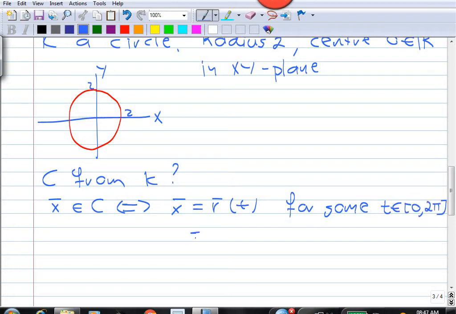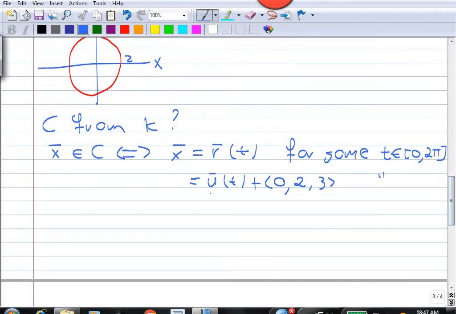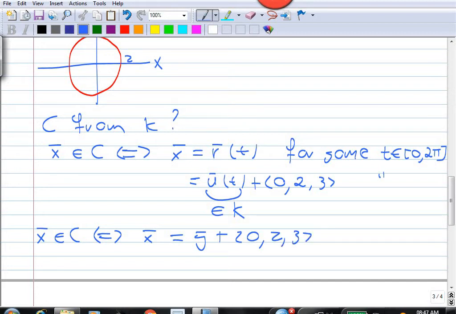But we can write r as u of t plus this 0, 2, 3. So what could we say? This u of t is on K. So that means X will be in C, on the curve C, if and only if we can write X in this form: Y plus 0, 2, 3, where Y is some point on the circle K.